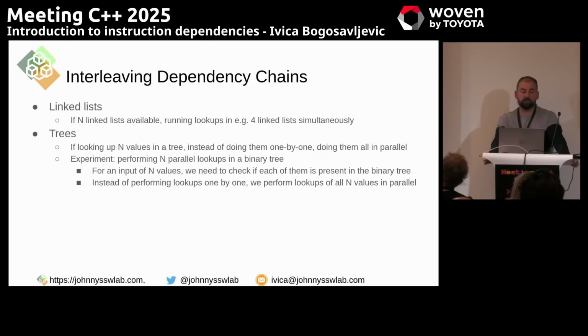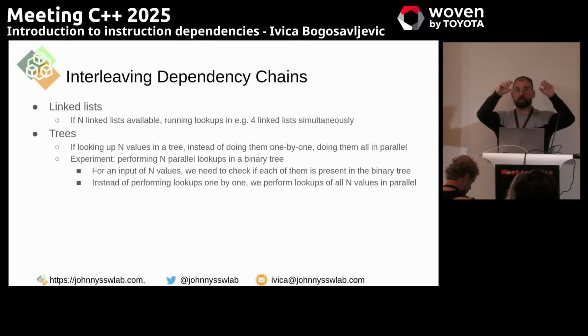Interleaving dependency chains: if you have several linked lists, you can run lookups on 4 linked lists simultaneously. In trees, instead of doing one lookup, where you take a node and go through the tree, you can take several values that you're looking up and then do parallel lookups in a binary tree.